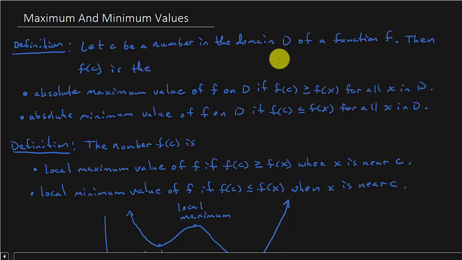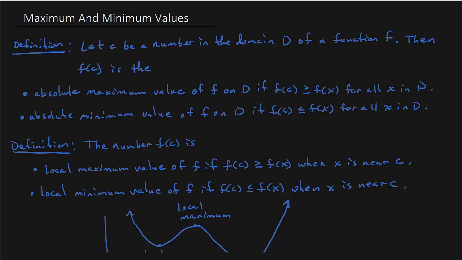So we're finding that c value in the domain of the function that is either the largest value possible, which is your absolute maximum, or the smallest, which is your absolute minimum.